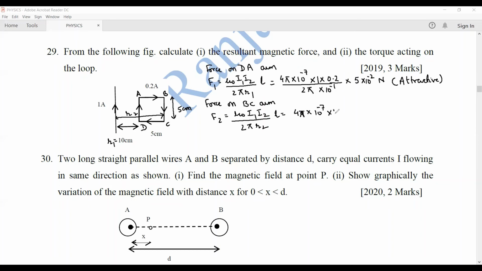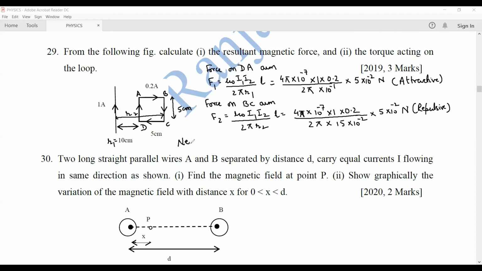I1 is 1 ampere, I2 is 0.2 ampere, upon 2 pi into the distance R2, 15 into 10 raised to the power minus 2 meter, into the length of the wire, 5 into 10 raised to the power minus 2. So this much Newton. But this force is repulsive, because the current is in the opposite direction.